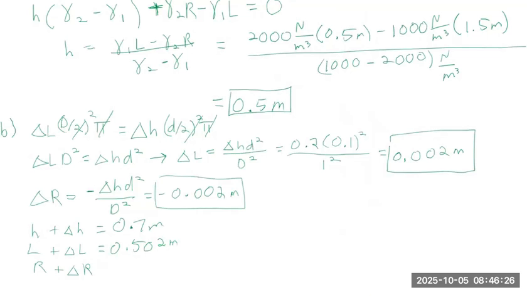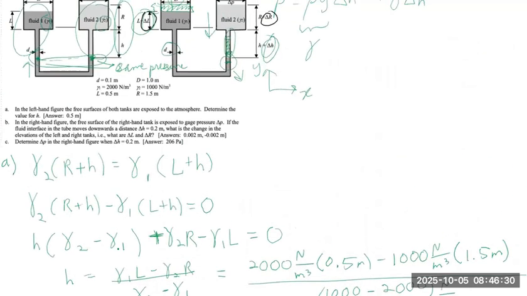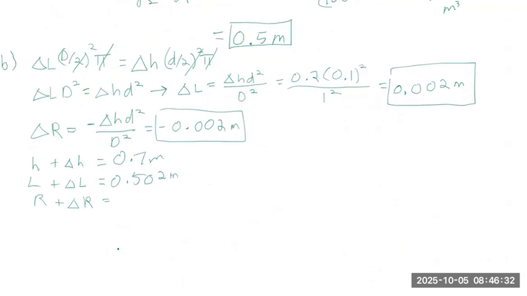And R plus delta R is going to be 1.5 minus 0.002, which is 1.498 meters. So note that these are the total heights if we add the change in heights.